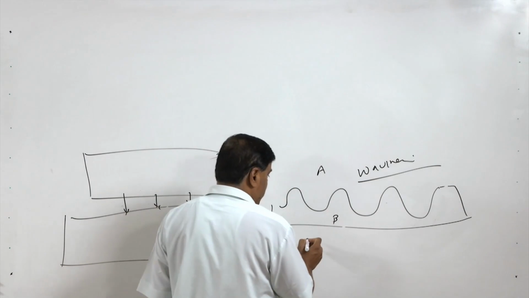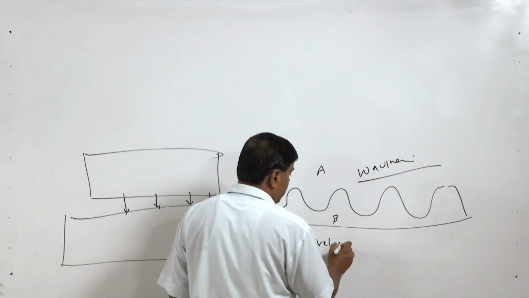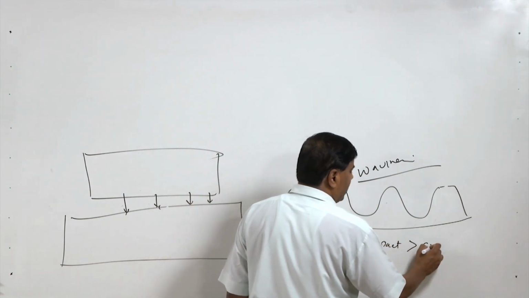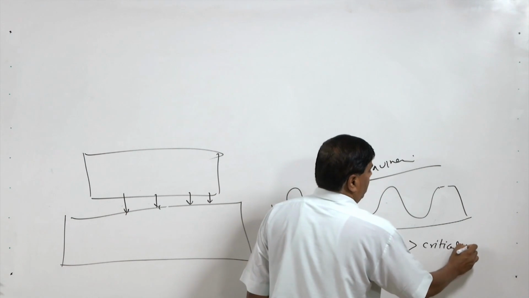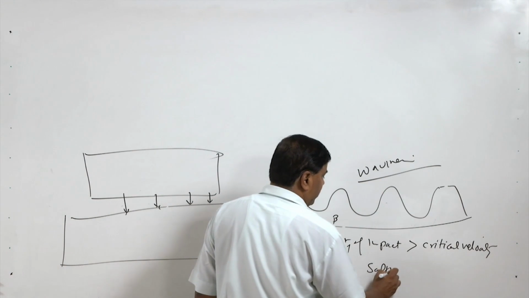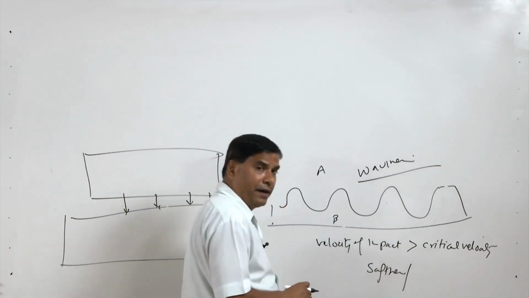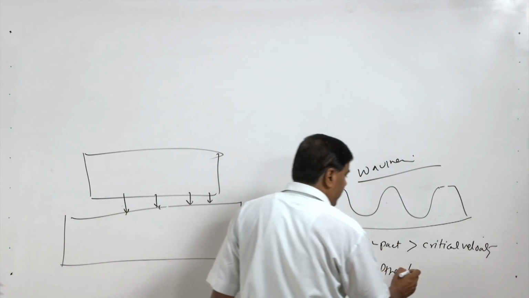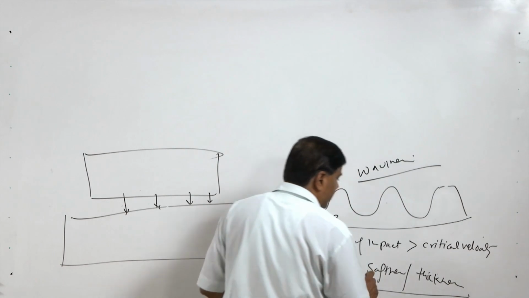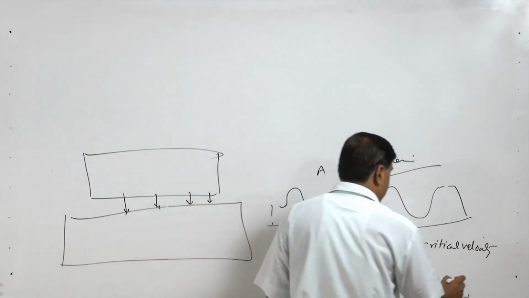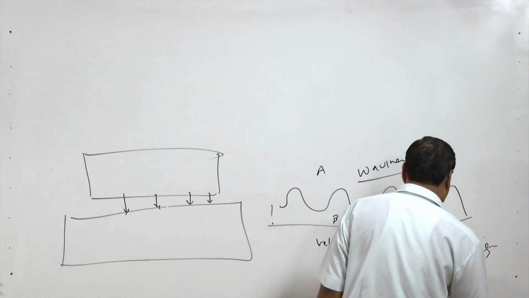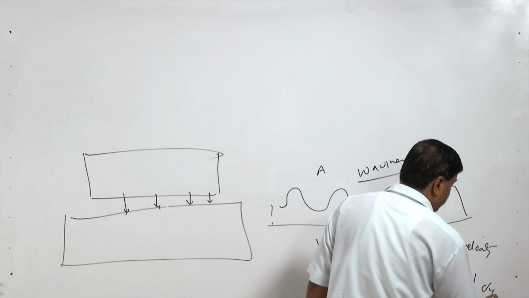This happens only when the velocity of impact is greater than the critical velocity for the given metal system. The metal system depends on the softness or hardness of the components involved, the thickness of the plate involved, especially the prime component, and the softness, thickness, and yield strength of the material.